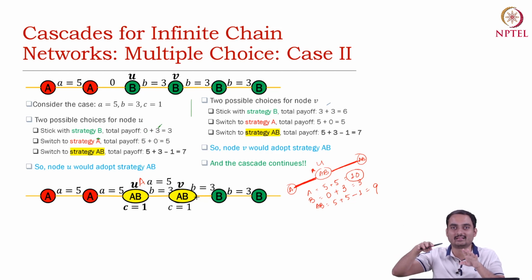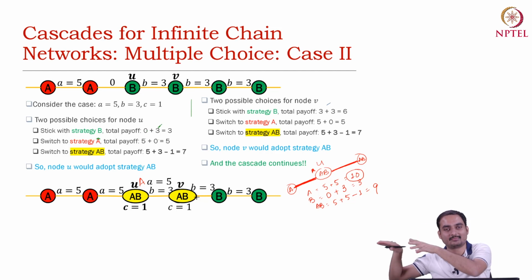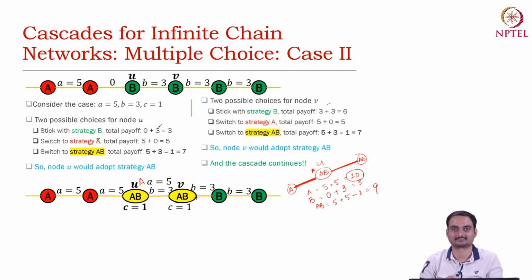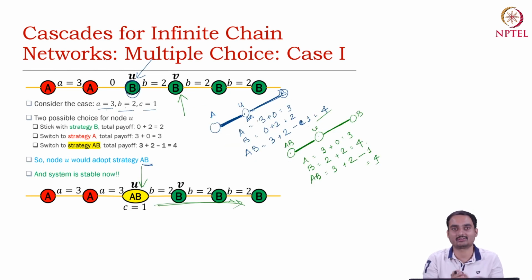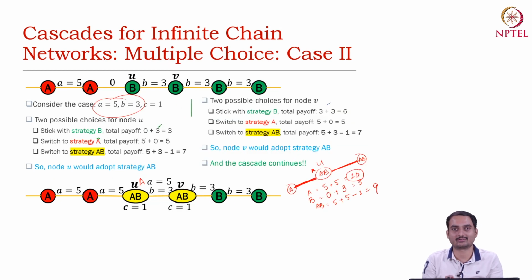So all the nodes will switch from B to AB, then from AB to A. It only happened because of the choice of payoffs A and B. It's very interesting. Remember this. Initially we saw a different choice of A and B and got a different result altogether, and now we have got another result.